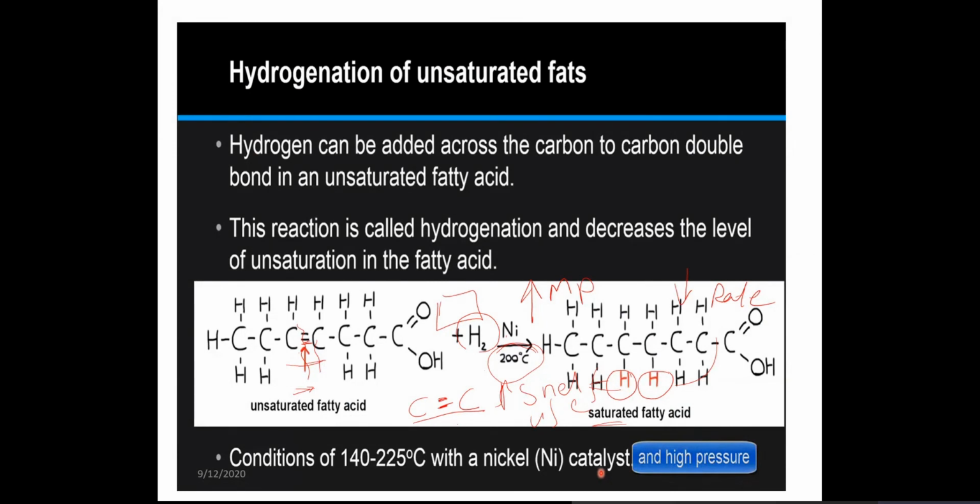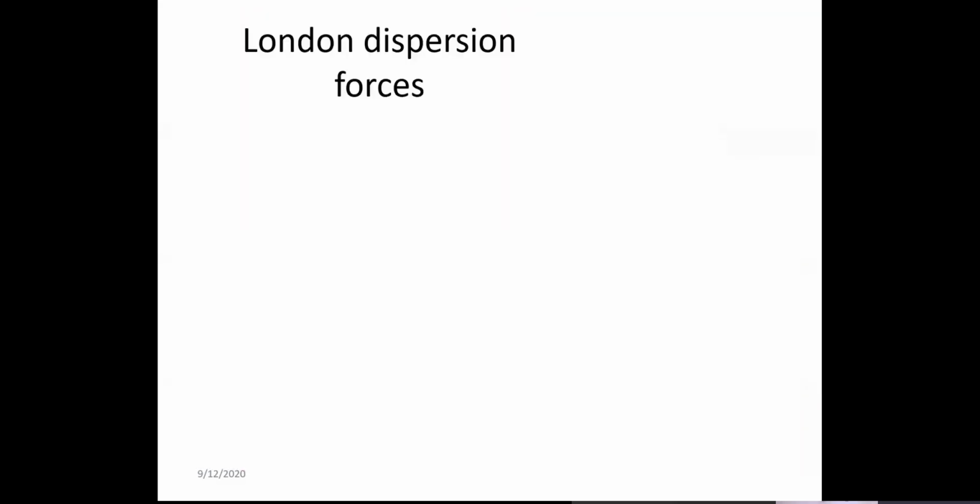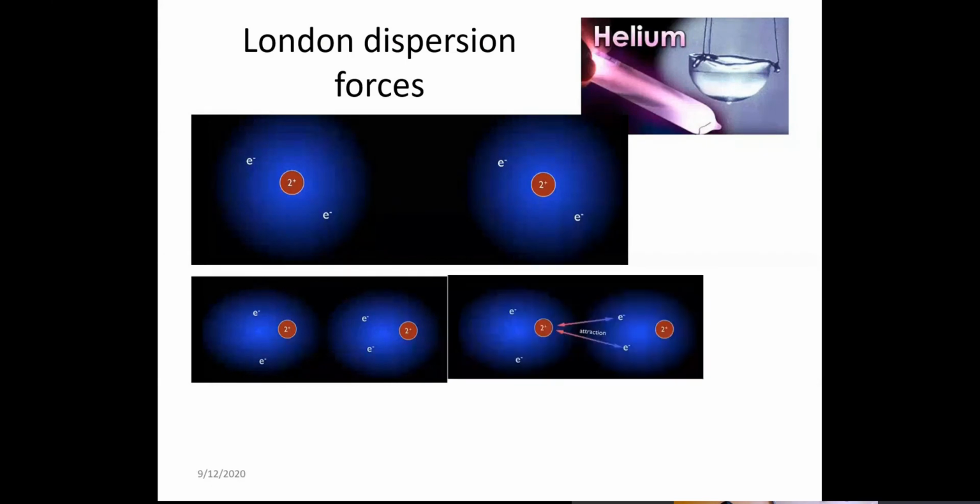Instead, a complete hydrogenation is recommended. This is the melting point, which I already showed. London dispersion forces, like if you take helium, which I have already explained, a helium atom would have 2 protons and 2 electrons, and because of the London forces there will be an attraction between molecules. Interestingly, the electrons get attracted to the proton of another molecule, and this is called intermolecular forces.